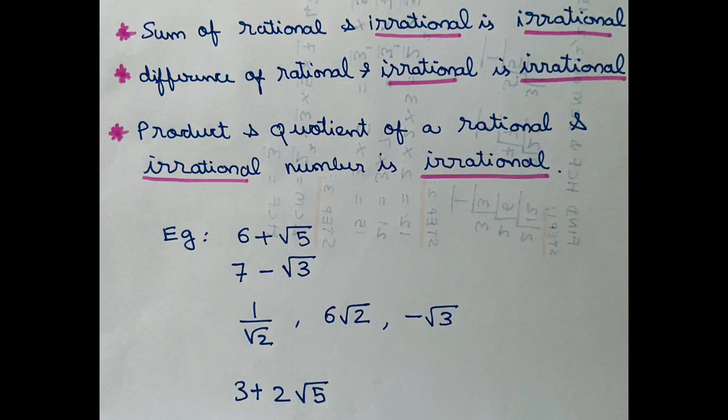Look into a few examples that I have given below. So 6 plus root 5, 7 minus root 7, these are all examples of irrational numbers. And look into it, minus root 3 is irrational, but root of minus 3 is a complex number. That is a different topic, but as of now, minus root 3 is an irrational number.